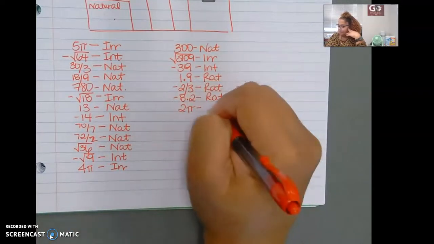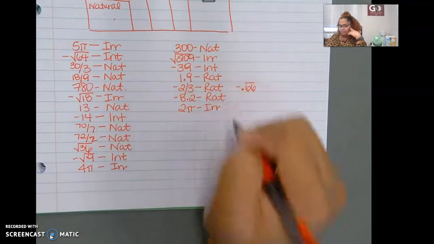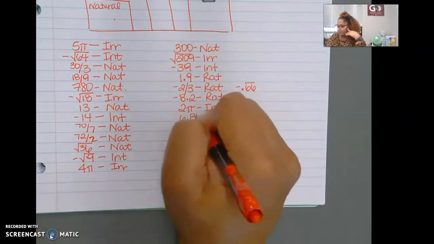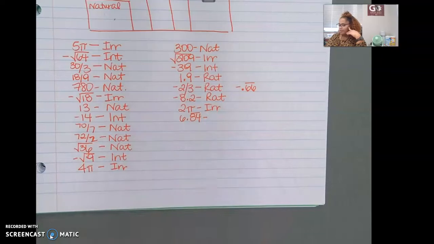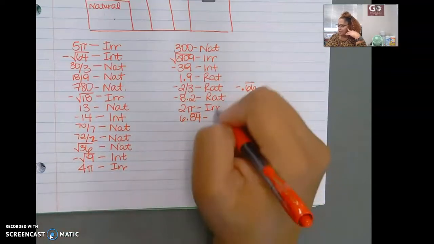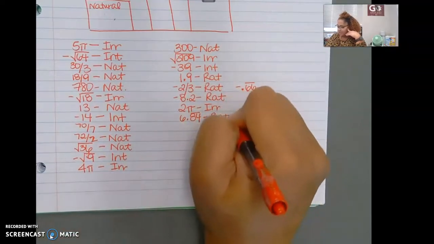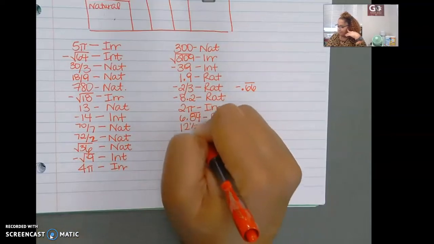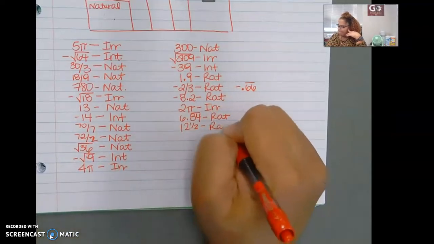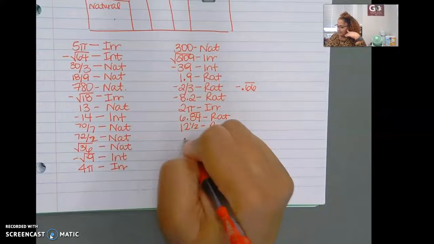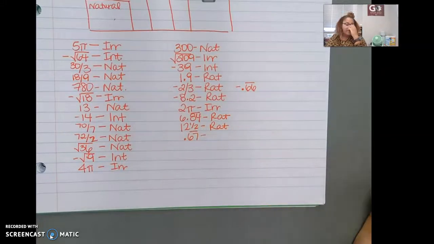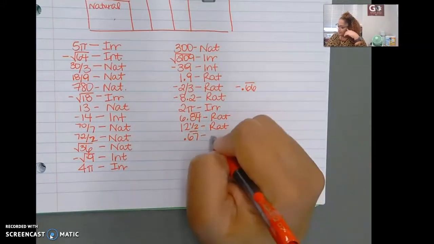Irrational. 6 and 84/100 repeats. Rational, because it repeats. Good. 12 and a half. Yep. 0.67 repeats. What did we just say about repeating? Rational.